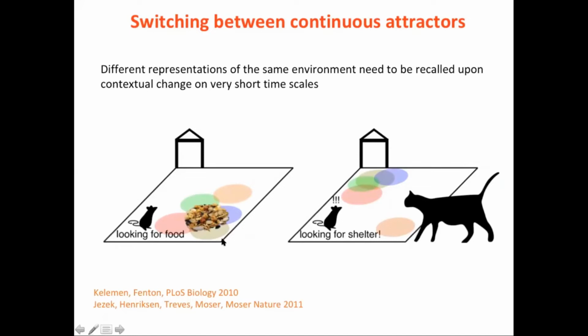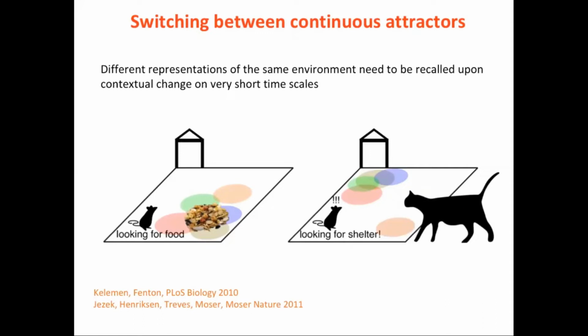So this is contextual state number one. But then a predator arrives, and the animal is not looking for food anymore, but is looking for shelter, which is contextual situation number two. And you see, it may be very important to code in context one for the location of the food, but in context two for the location of a shelter, and be able to reach this shelter very, very fast.